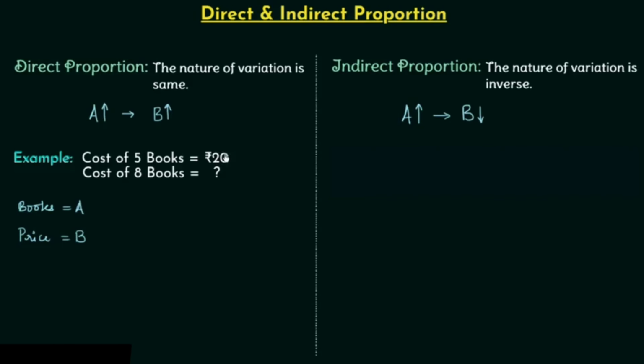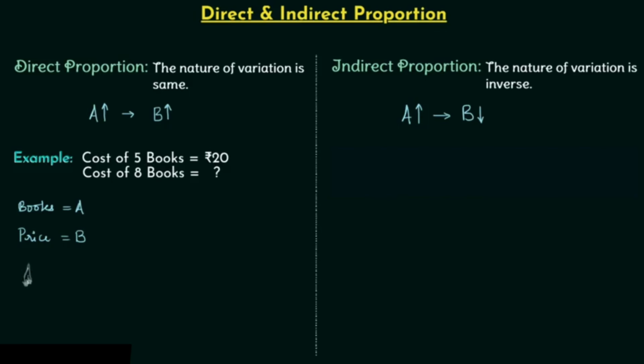Quantity B is 20, and when you increase the number of books, what will happen to the price, the quantity B? The price will also increase. It is obvious, it will be more for 8 books than 5 books. So when we are increasing A, B is also increasing, and therefore we have direct proportion between books and price.